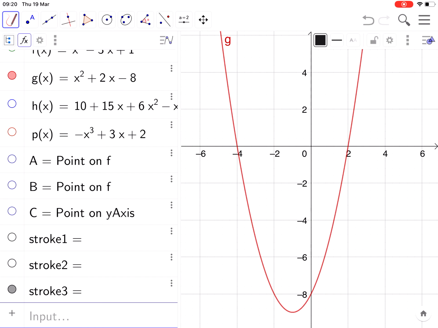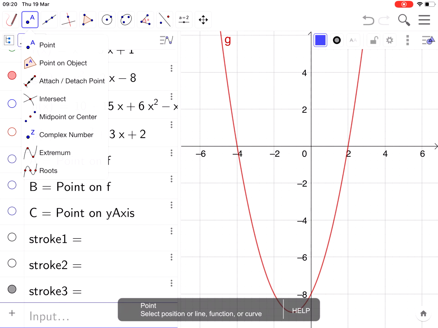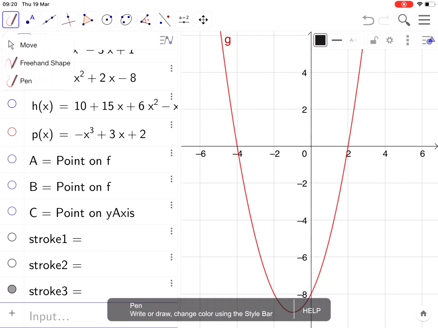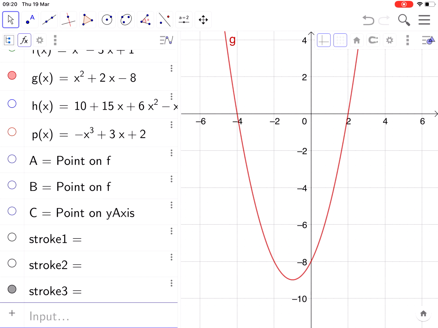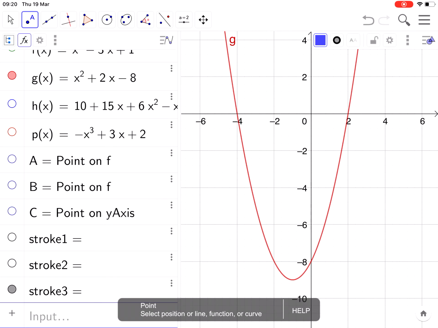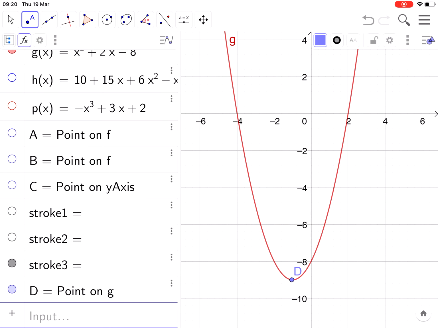That was the function that was given to us in the question. So the point -1, -9 is the one that I worked out algebraically was the turning point. If I pop that point on, that's the point D there. That is -1, -9, if you look at it there.